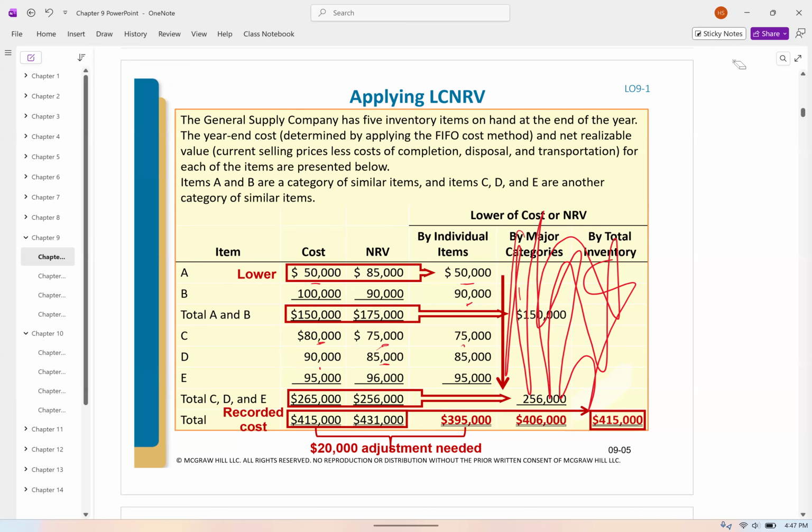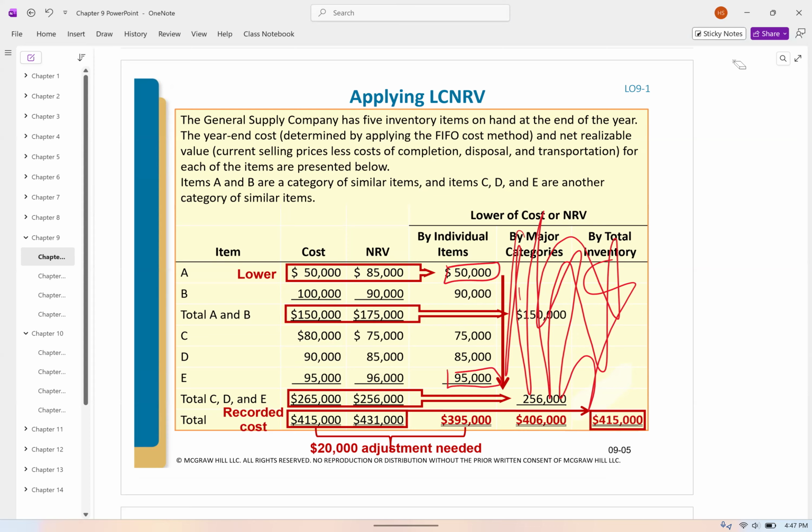The ones that were being carried at cost, we really don't have to worry about anything. We're already carrying them at the lowest amount. The ones that we do need to adjust down, those are the ones we will make a journal entry for. So they added up all of those.